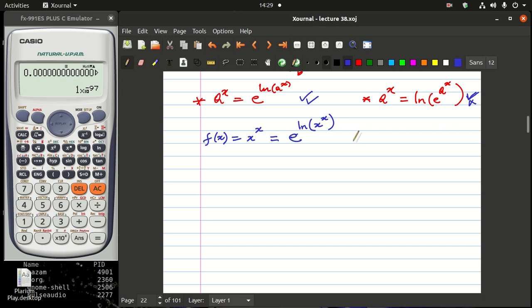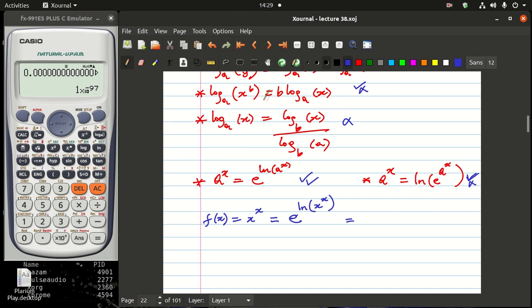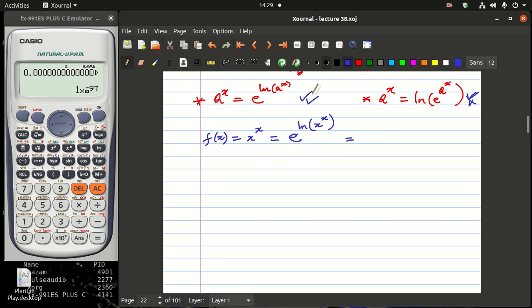So I'm fine. And secondly, when I have something raised to an exponent, I can always bring the exponent down to get that. So this one here is going to be the same as e raised to x times ln of x. What does that simply mean? I want to find the derivative of this function, e raised to x times ln of x.